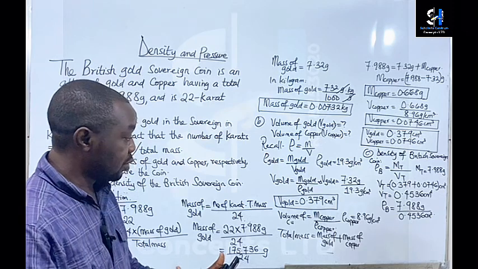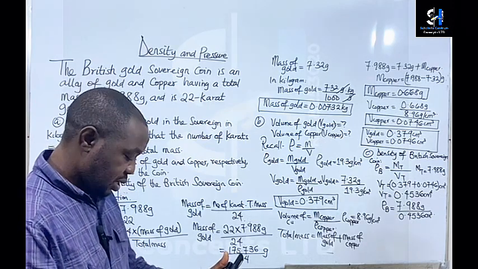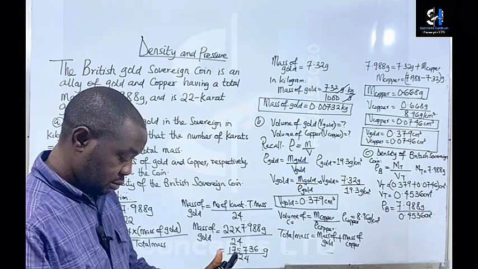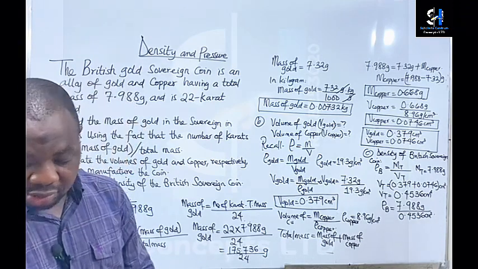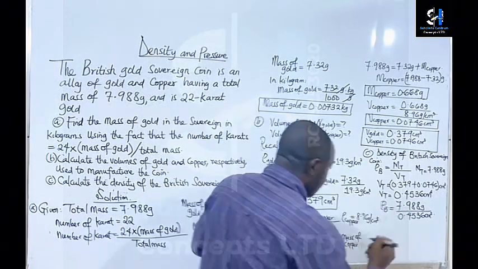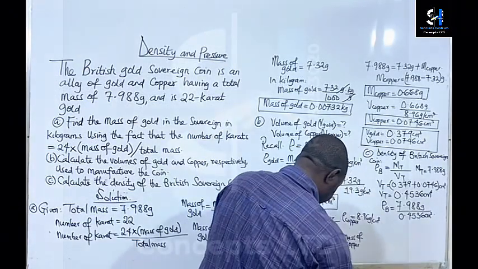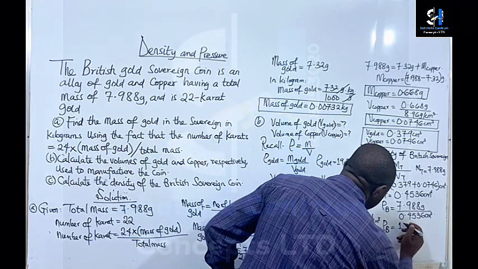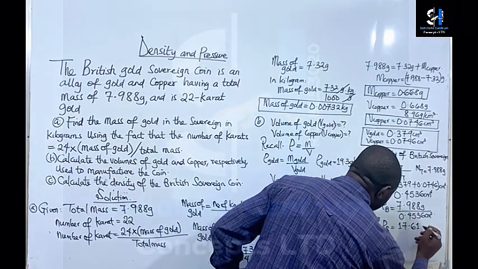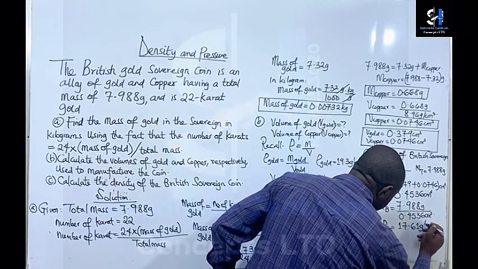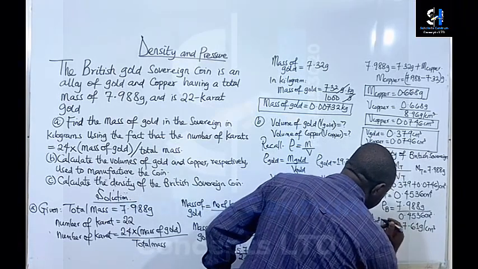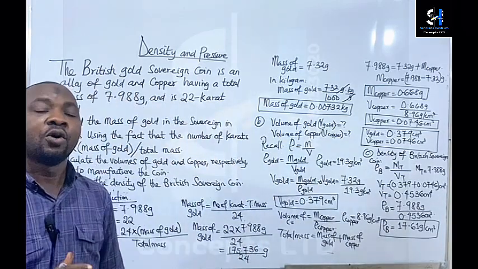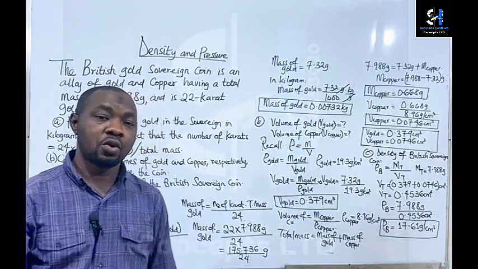We have 7.988 divided by 0.4536, so that'll be 17.61. So we have 17.61 gram per cubic centimeters, and this is the density of the British sovereign coin.